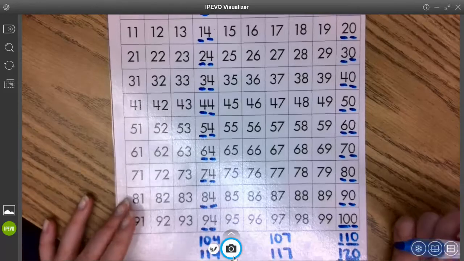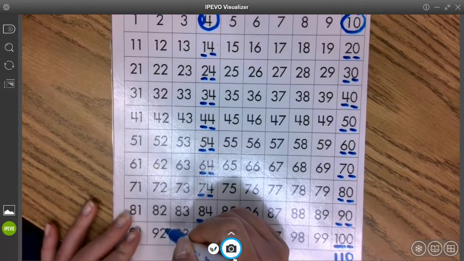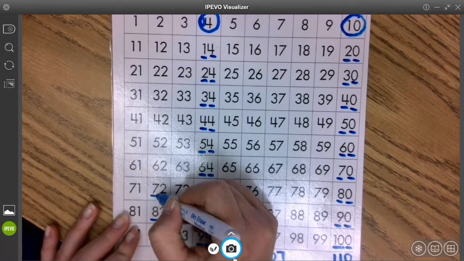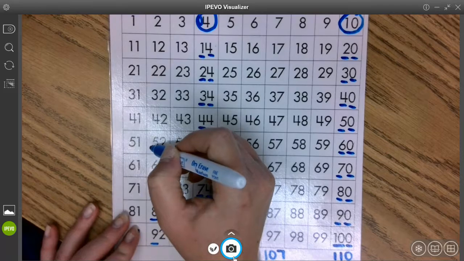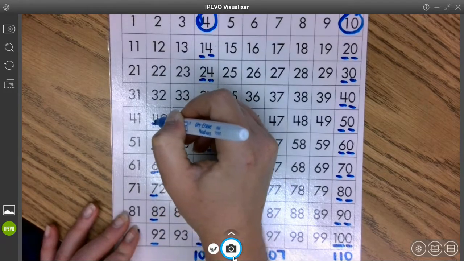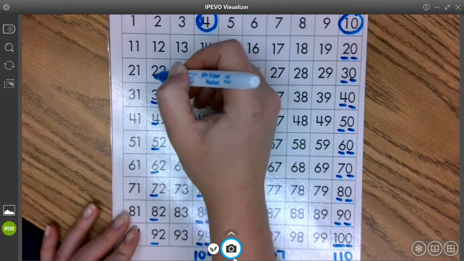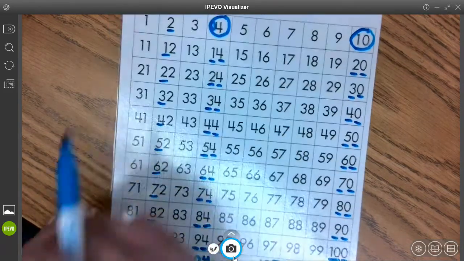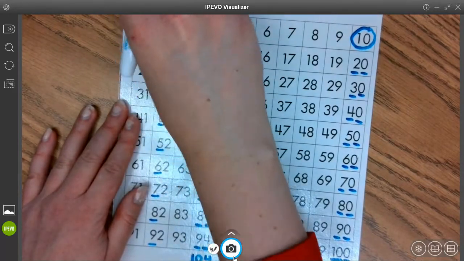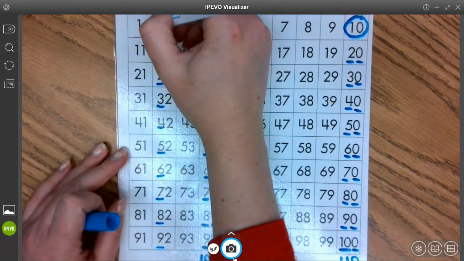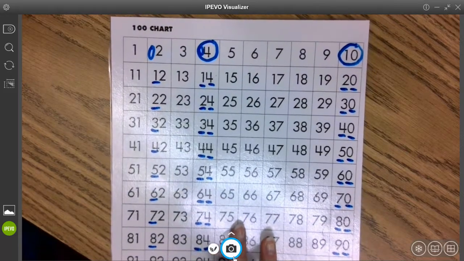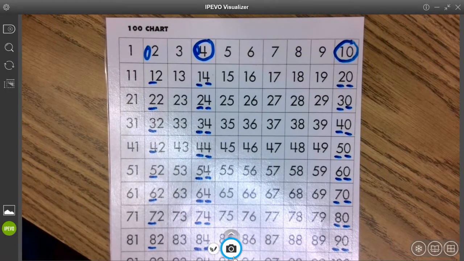Let's count backwards from 92, counting by tens. 92, 82, 72, 62, 52, 42, 32, 22, 12, 2. And that 2 is like, there are how many tens? 0.